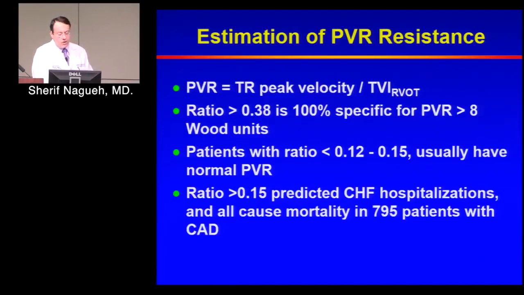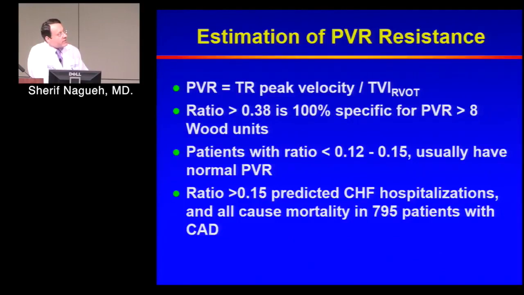But if you start targeting extremes, for example, if you have a very high ratio, more than 0.38, you are virtually guaranteed that the pulmonary vascular resistance is elevated. Notice the value here, horrendously elevated, much, much more than the 3 Wood units. How frequently do we get values in this range? Not frequent at all.